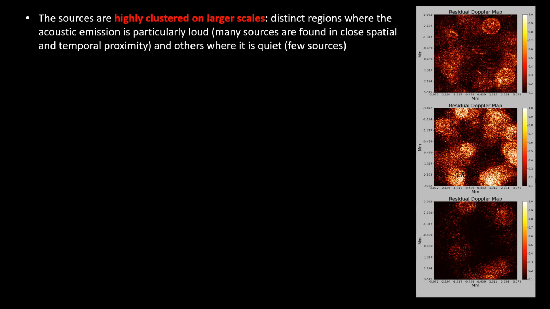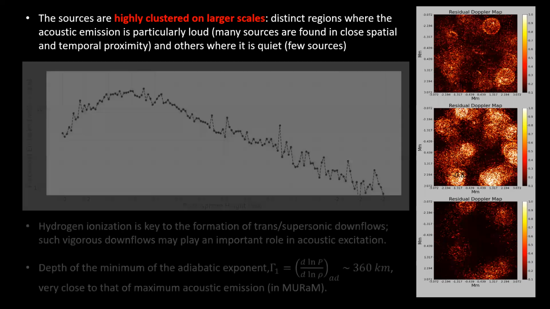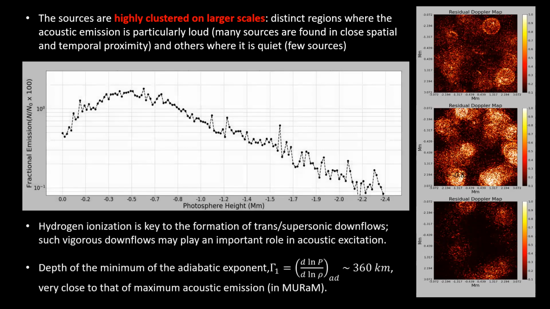And if we go deeper into the photosphere, we see that there is a pattern. That means somewhere between 300 to 400 kilometers, these acoustic sources get really, really loud, okay? And we have found this very interesting because this is the height where we get to see these transonic or supersonic downflows.